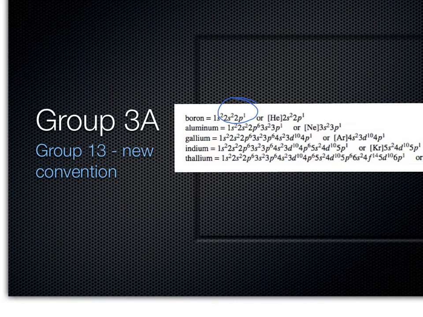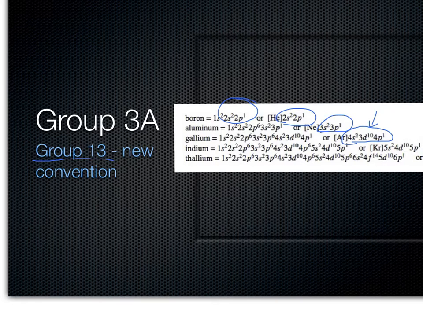Group 3A doesn't really have a special name. In the new convention, it's group 13, but no special name that we usually give to it. But notice that all of these have that s2p1. Even though they're filling some d's, notice that that d level is behind.